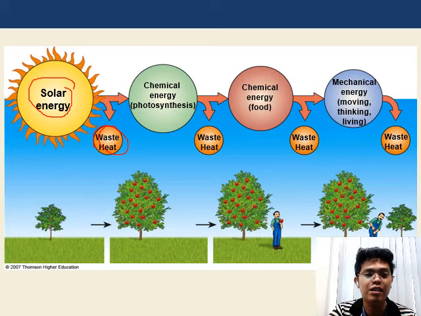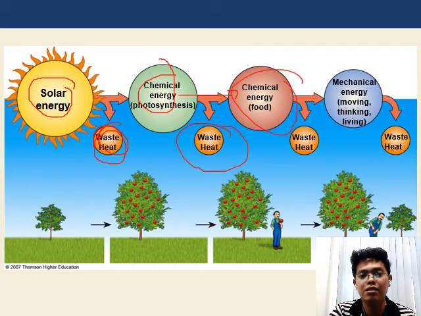From solar energy to chemical energy, heat is wasted. Then from chemical energy to another chemical energy for food, heat energy is wasted also. And then from chemical energy to mechanical energy, for movement of the organisms, for moving, thinking, and living, energy is wasted once more.